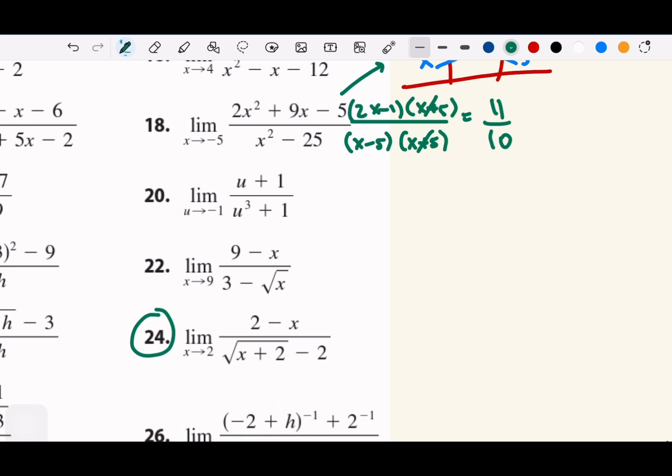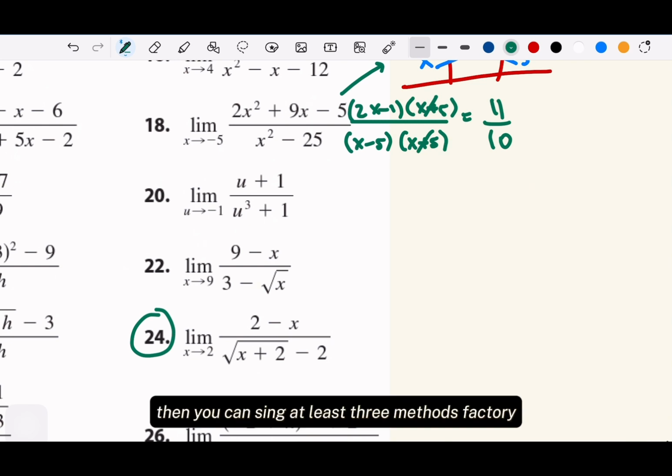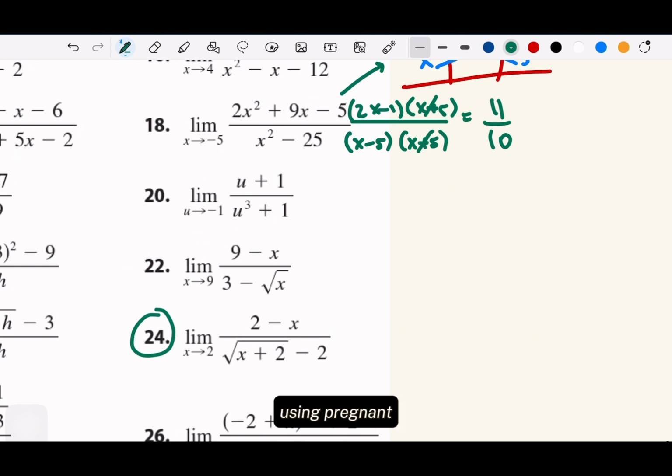Okay. First step. Check. 0 over 0, right? Then we can think of at least 3 methods: factoring, rationalizing, or using trigonometry. Factoring, I don't think we need to factor this. So probably rationalizing.